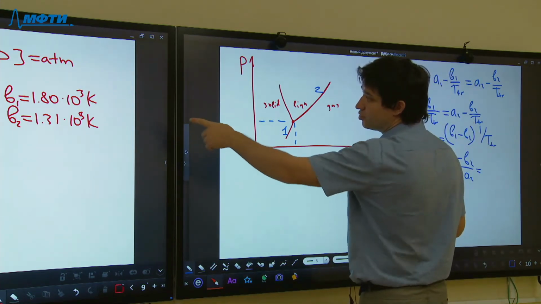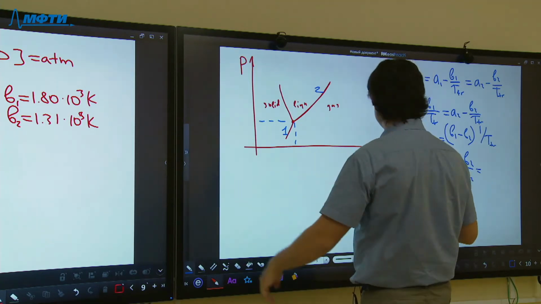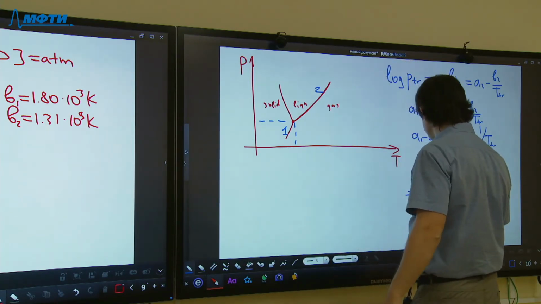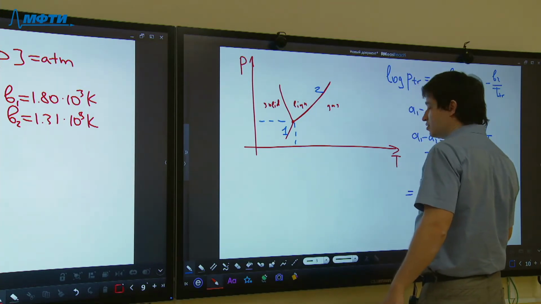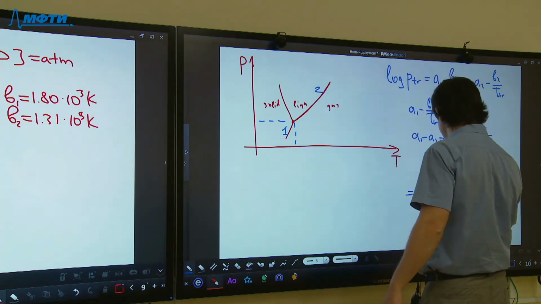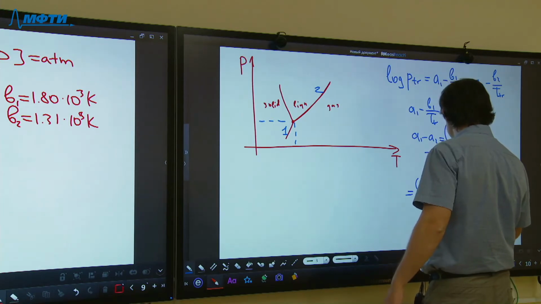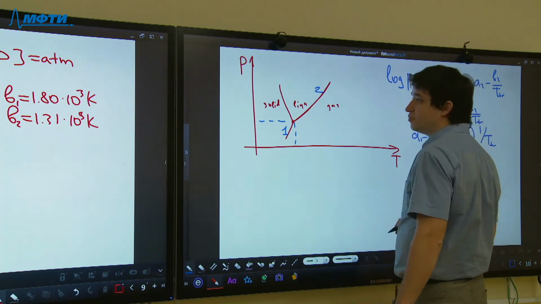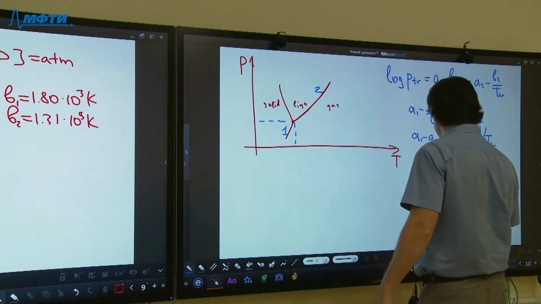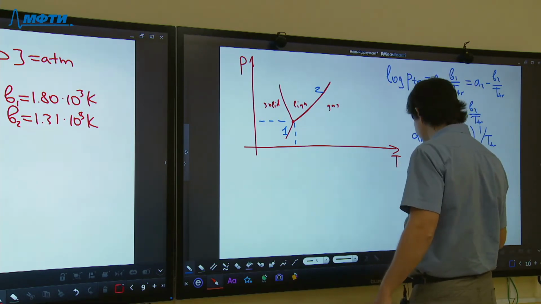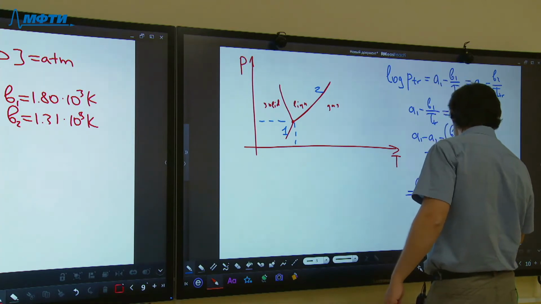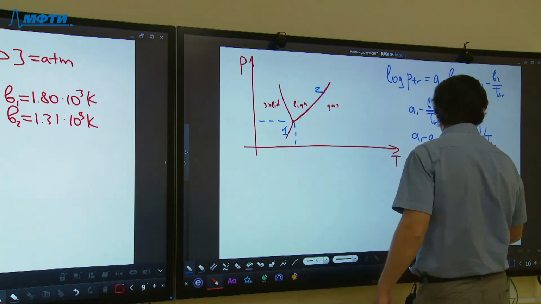B1 minus B2. B1 is greater than B2, so I can write that this is 1.8 minus 1.31, all of that times 10 to the 3, divided by A1 minus A2. Here goes 9.05 minus 6.78.